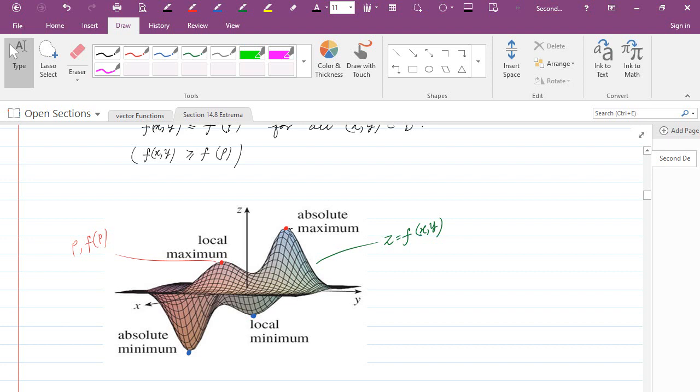Similarly here, you see this point is the highest point on a small piece centered at that point. This is the local minimum because this point is the lowest point on a small piece centered at that point. So these are the points where the function f has local minimum values.